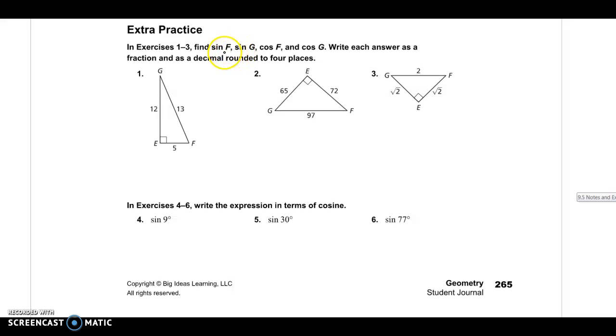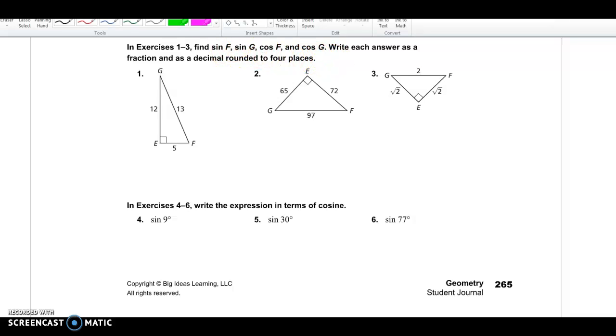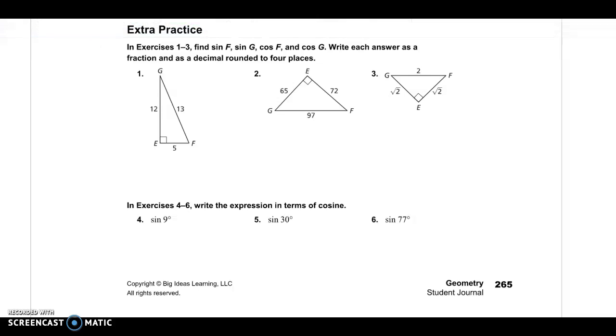So we're asked to find sine F, sine G, cosine F, and cosine G. Let's first look at the ratios from F. If I'm at F here, what is the ratio of the opposite leg to F over the hypotenuse? The opposite, I like to draw an arrow, is just right across from the angle.